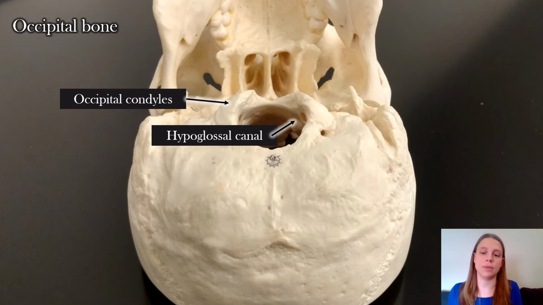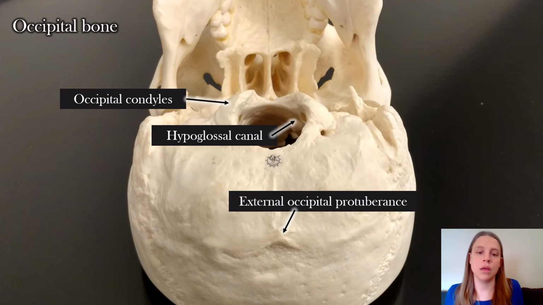It's called that because the hypoglossal nerve runs through it. You don't need to know that now. You'll learn it when you get to the brain, but just so you know, it's not a random name to torture you. It's named after a nerve. The bump on the back of your head is the external occipital protuberance.